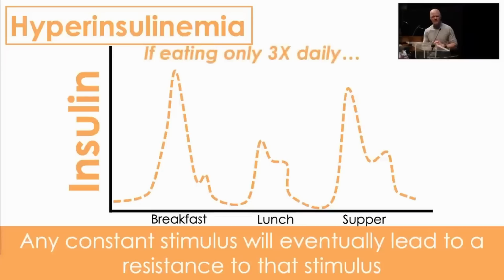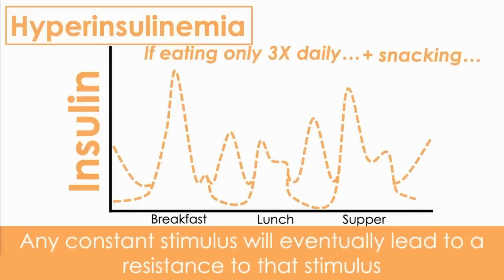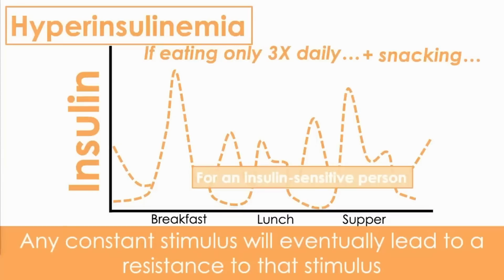Now let's talk actually about the more common individual who has been told that they should not only eat, but they should snack in between their meals. And so at any moment where insulin might have come down, it's immediately bumped back up. The average individual is spending every waking moment in a state of elevated insulin. And as bad as this looks, this is what it looks like in a person who is insulin sensitive, which again is probably less common.